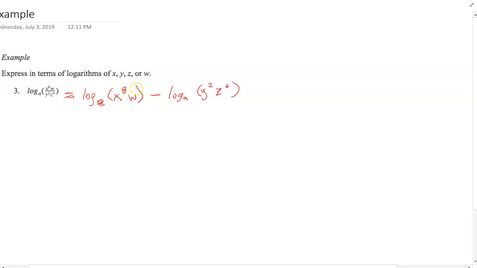Now let us apply law 1 to both of these because they're now products.